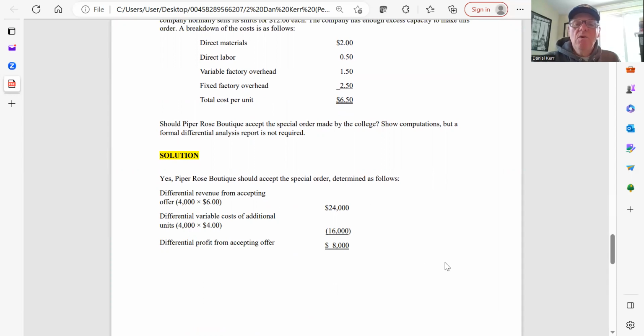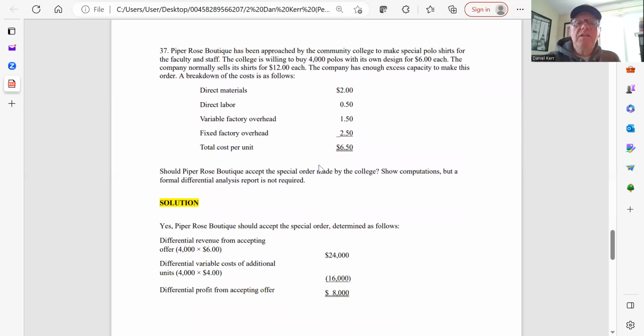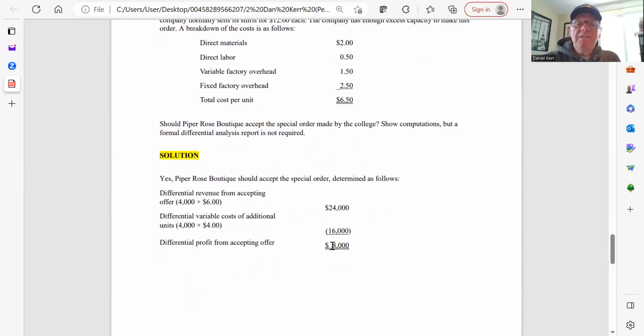And the only additional cost they would have would be the variable costs, which here are direct materials, labor, and variable overhead. That totals $4. So you don't have to consider the fixed factory overhead because it's going to be there anyway, because they've got unused capacity. So they would actually make an additional $8,000 by taking the special order. So yes, they should take the special order.